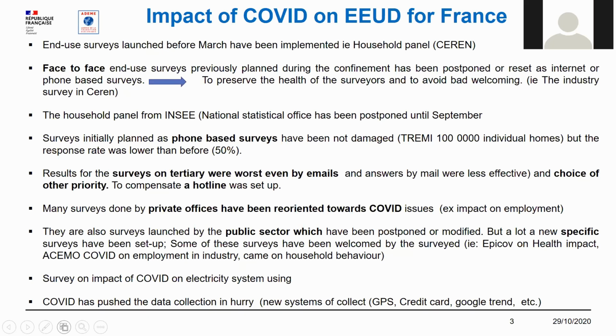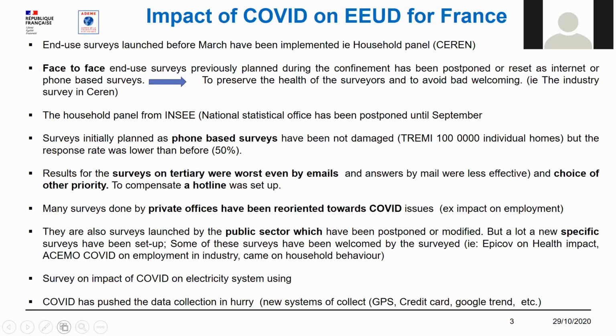And in general, we can say this end-use survey has been postponed or modified. In particular, we have different surveys on employment, on industry, on health, on household behavior. So they are not directly energy surveys, but they are surveys which help us understand the drivers of energy.